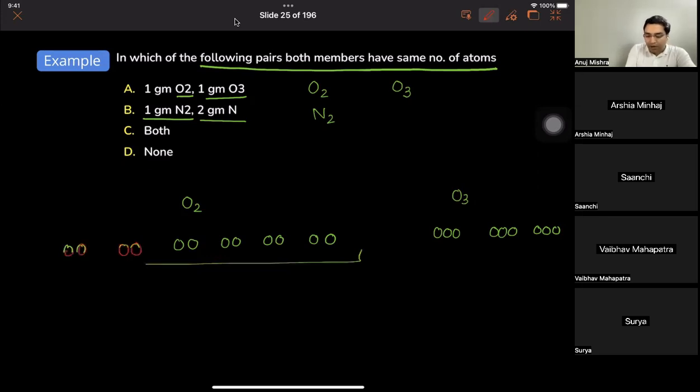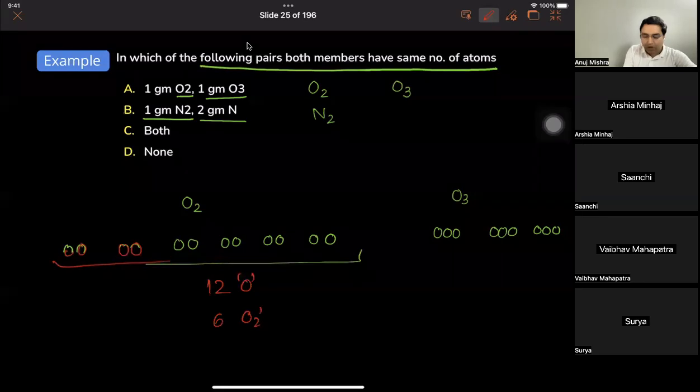How many O's are written currently? Count and type in the chat box. On the left side, how many O's can you see? Type in the chat box. Okay, 12 O's. So can I say these are like 6 O2s in a way? 12 O's are 6 O2s.